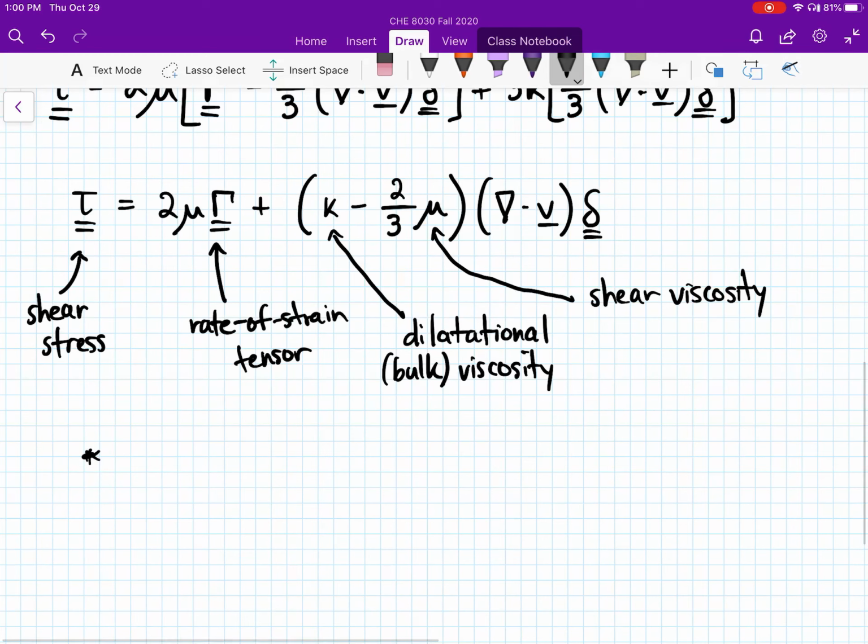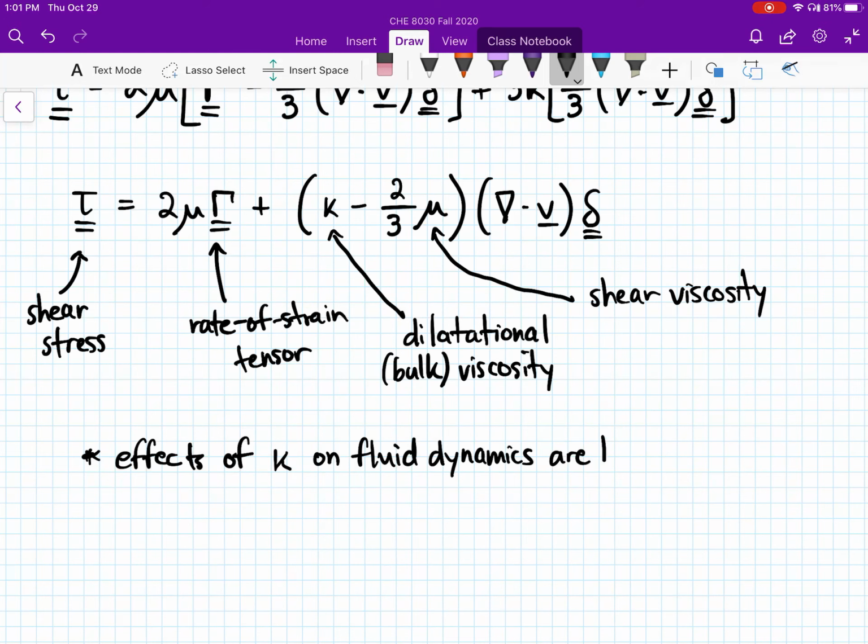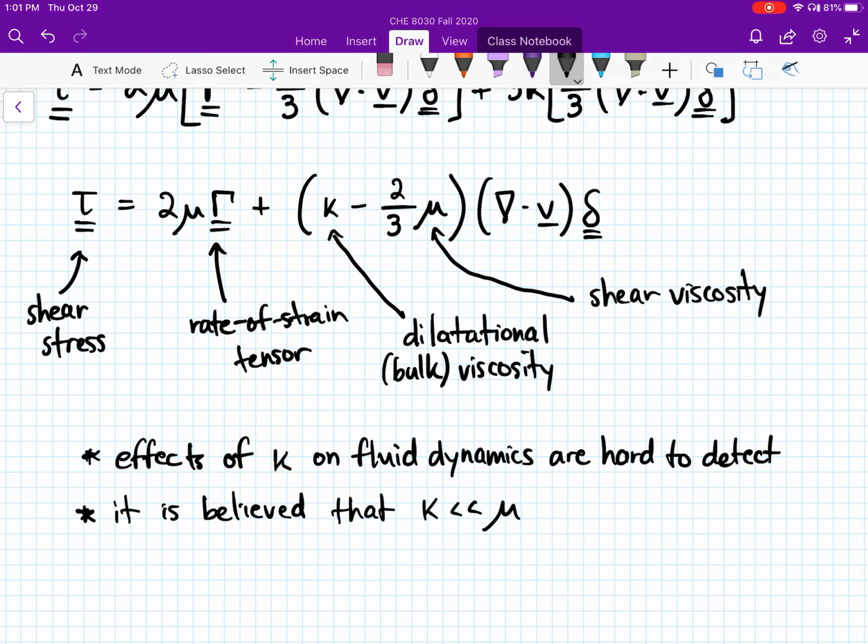So the effects of kappa on fluid dynamics are hard to detect. And so it is believed that this bulk viscosity is much, much smaller than the shear viscosity for fluids.